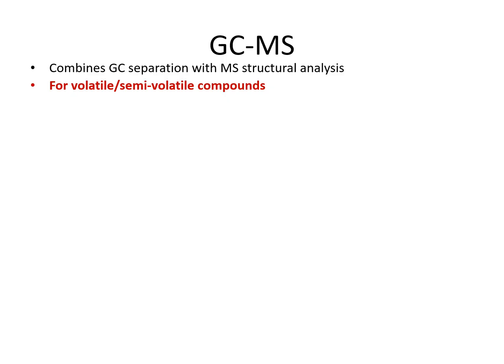The separation is usually based on volatility and mass of the component in the analyte. So unlike HPLC, in which the separation is in liquid form, the separation in gas chromatography is in gaseous form, hence the name gas chromatography.